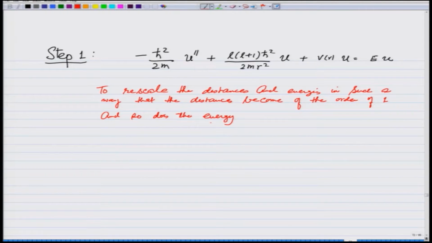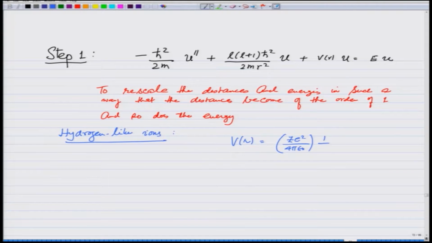I will illustrate this through an example. Let us take the example of hydrogen-like atoms or ions. That means V(r) is going to be of the form Z e square over 4 pi epsilon 0, 1 over r, with a minus sign in front.